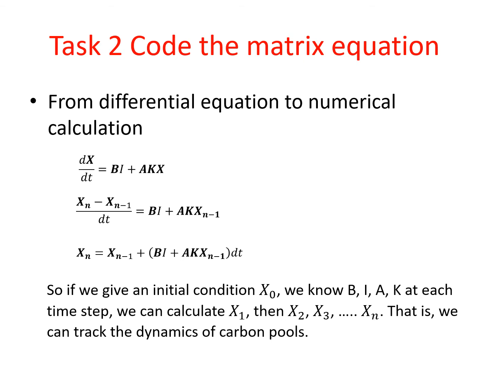So if we give an initial condition, we create x0, and we know B, I, A, K, each of the matrix items at each time step, we are able to calculate x1. After we know x1, we can calculate x2 and then x3, x4, etc. That is how we track the carbon dynamics through time.